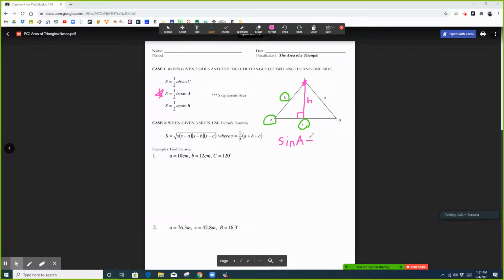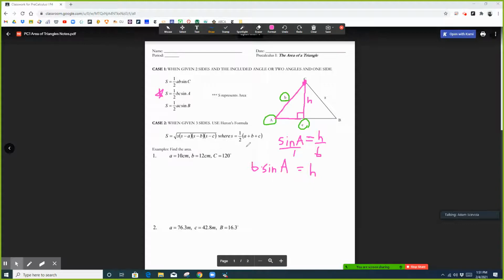You'd say the sine of A is equal to H over B, because we have this right triangle here. And the opposite leg would be H, and the hypotenuse would be B. So if we solved for the height, we'd cross multiply and get H is equal to B times the sine of A.